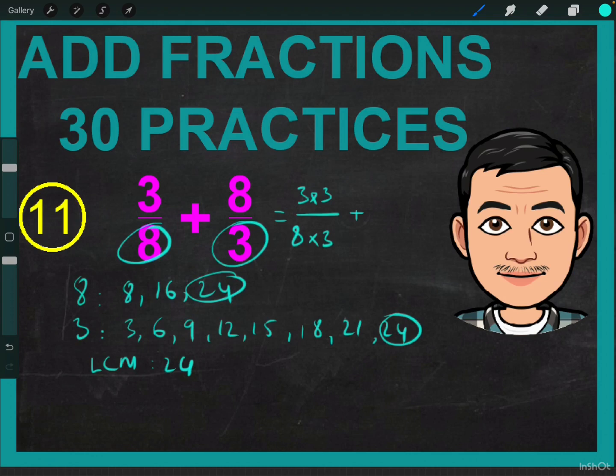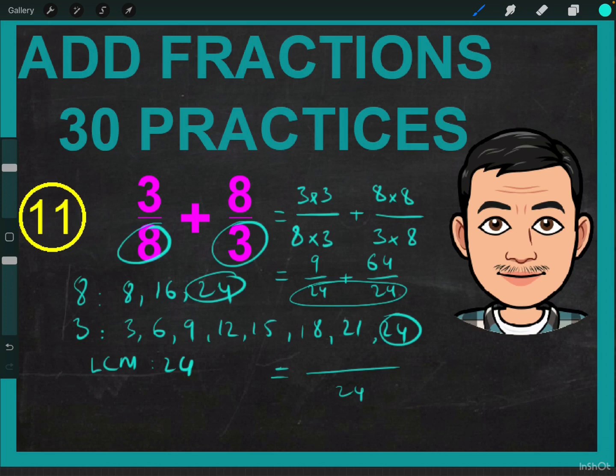For the second fraction, we will multiply 8 to both numerator and denominator. So for the first fraction, 3 times 3 is 9, 8 times 3 is 24. The second fraction, 8 times 8 is 64, and 3 times 8 is 24. So now the two fractions have the same denominator. We will go ahead and add 9 and 64. So we got 73 over 24 is the answer.